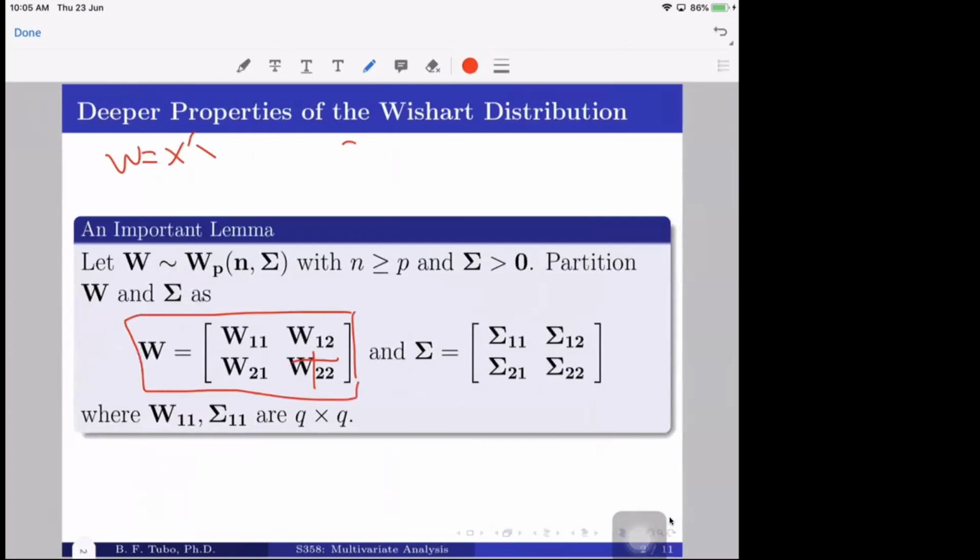So in your appendix, let me scan through first. How do you have a general inverse of a matrix? So in page 450, you have a lemma there, A.2.